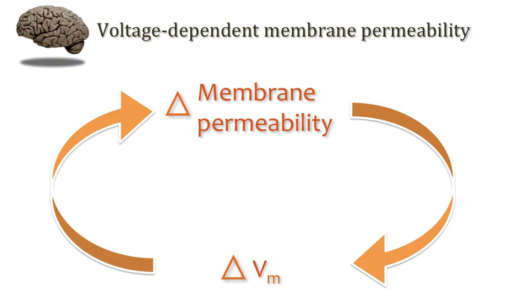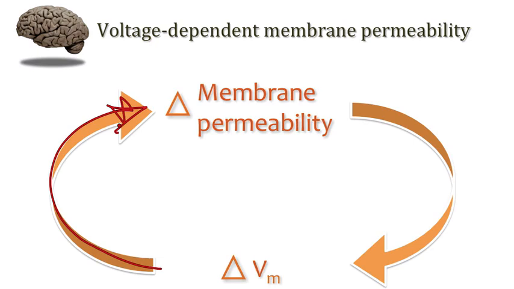For today, what we really want to understand is what are the molecular mechanisms that allow a change in membrane potential to impact membrane permeability. This drives us to consider the actual integral membrane proteins themselves that constitute ion channels for sodium and potassium.